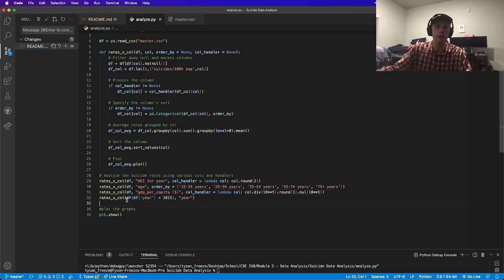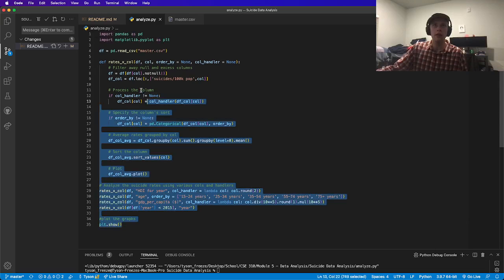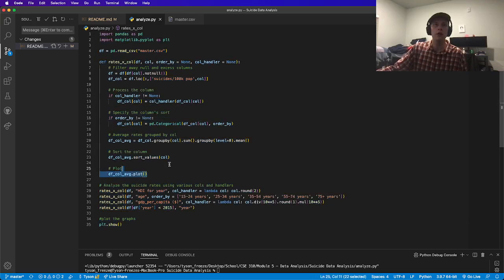And last off here, we see ourselves removing years from the data set that are greater than 2015 because years in that date range aren't plentiful enough to create an accurate graph. This generic code is what allows us to create the 4 graphs and analyze them.